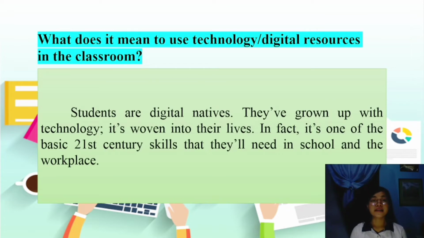Pero hindi lang sa paggamit ng computer technology, but also digital devices in class, it relates to anything that facilitates an interaction between teacher and the students. In fact, it is one of the basic 21st century skills that they'll need in school and the workplace.